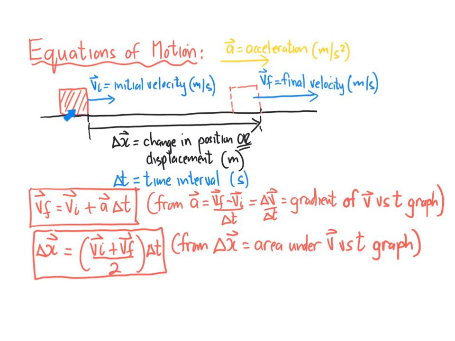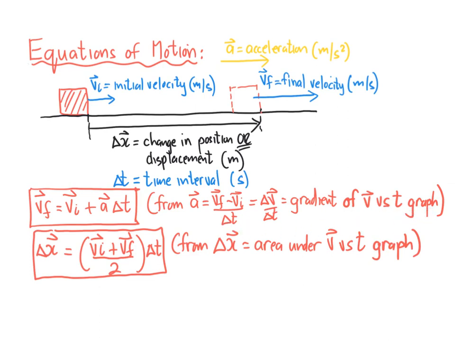If we have a system where an object with an initial velocity, vi, is being accelerated at a uniform acceleration to a final velocity vf over a certain time interval delta t, and resulting in a change in position delta x, then the following equations can be derived from the velocity versus time graphs.